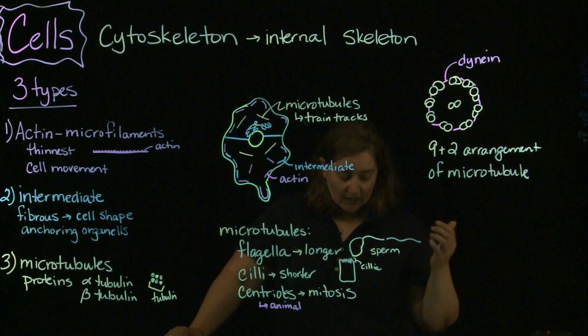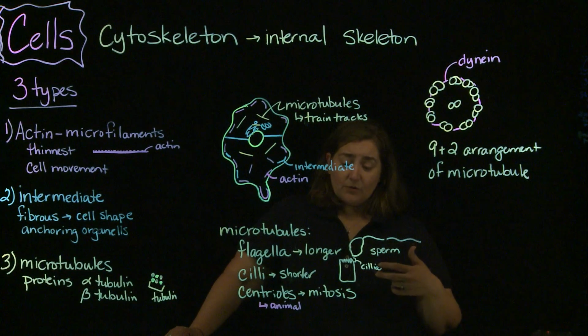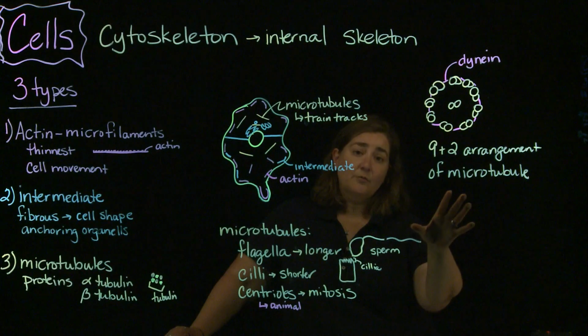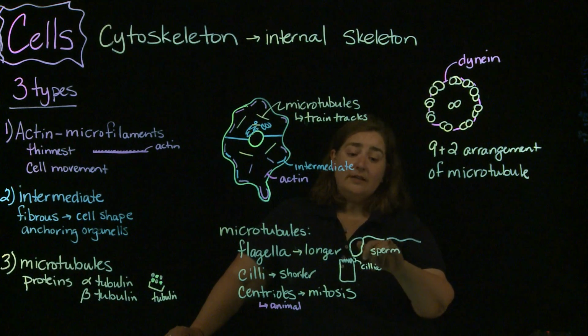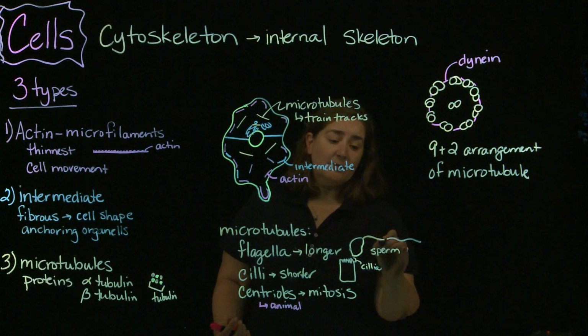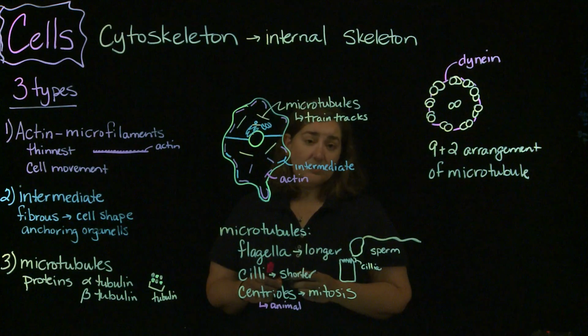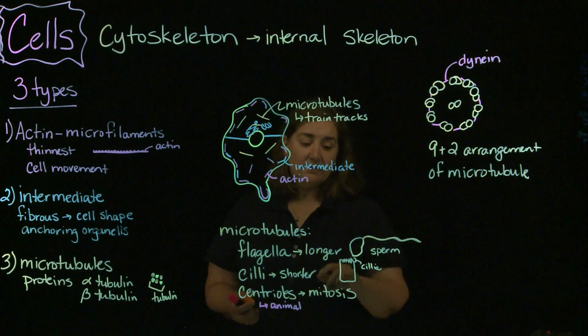All right. Both flagella and cilia are made of microtubules. Where they're found in the body is different. Like I said before, the only cell in the human body that has a flagella is the sperm cell, all right, and that's so the sperm can move to meet the egg.